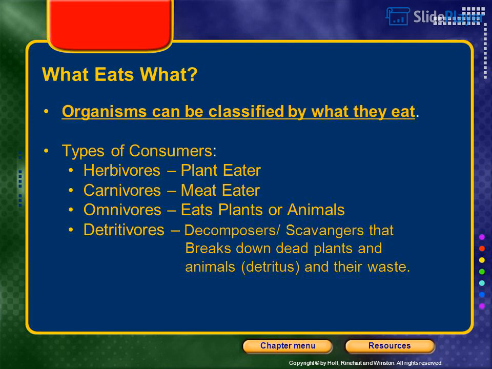Organisms can be classified by what they eat. Types of consumers: herbivores, plant eaters. Carnivores, meat eaters. Omnivores, eat plants and animals. Detritivores, decomposers or scavengers that break down dead plants and animals, detritus, and their waste.